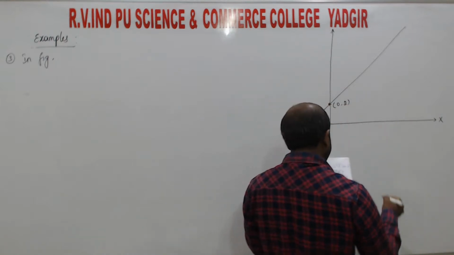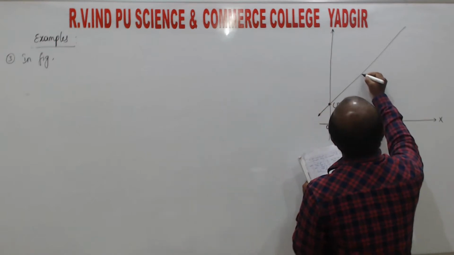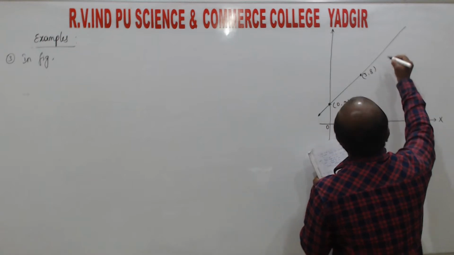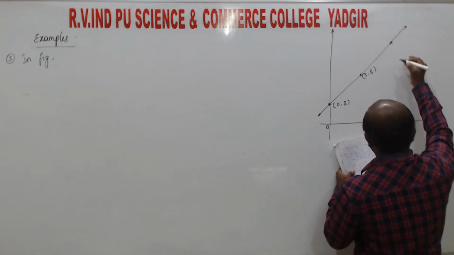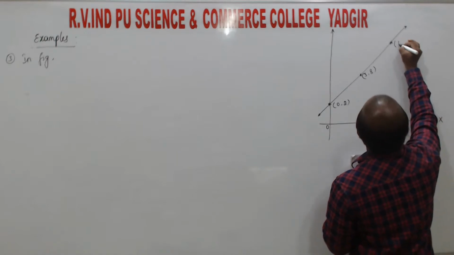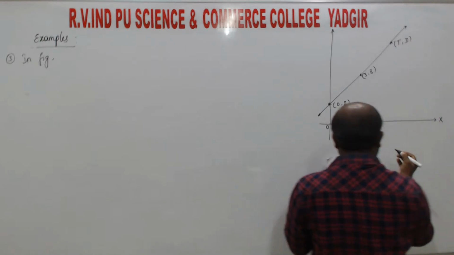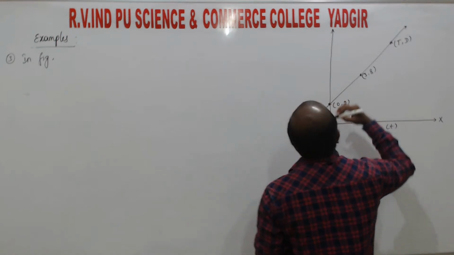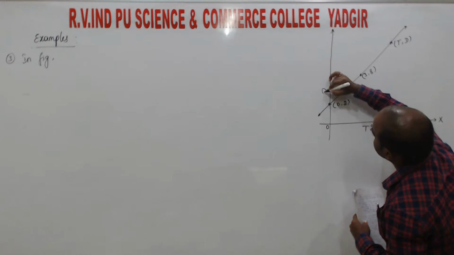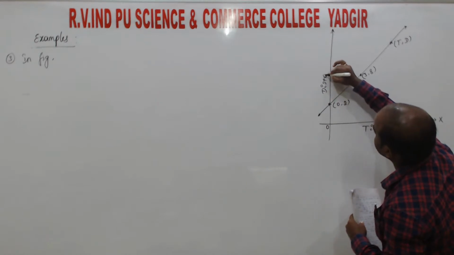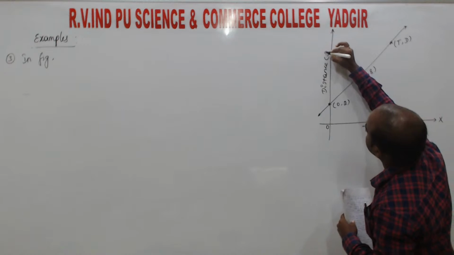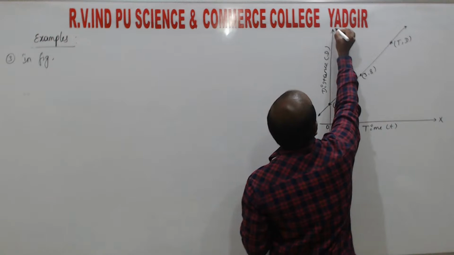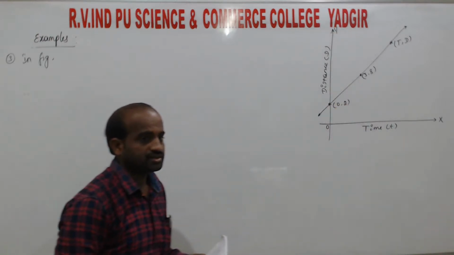This point is (3, 8). Now this point is (t, d). This one is time t, and this one is distance d.